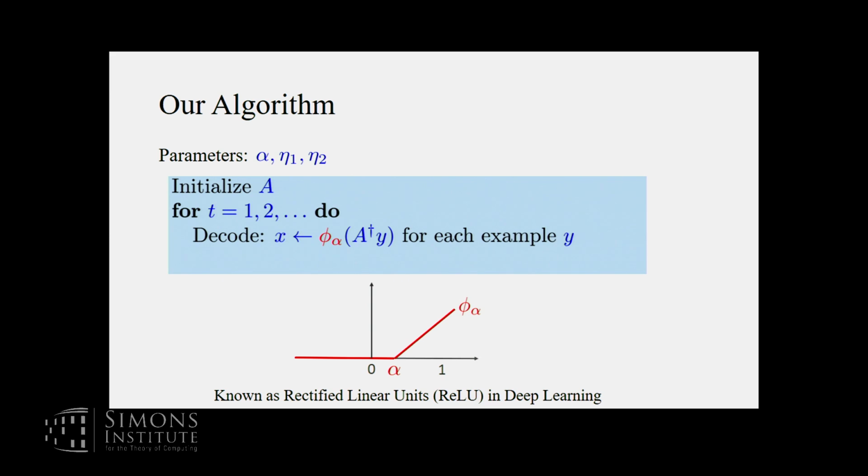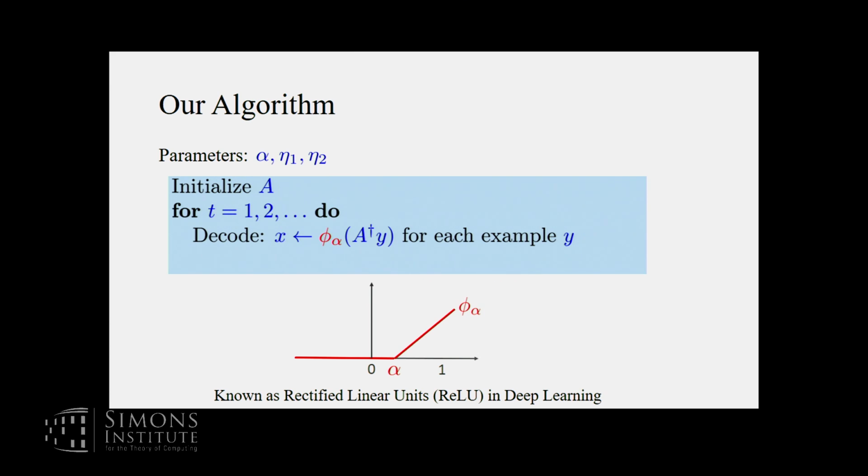Basically, it means that for each example y, you try to get the corresponding x. How do you get it? You just multiply it by the pseudo-inverse of the current solution. That's why we need linear independence. And then we pass it through a nonlinear function, looks like this, and then get x.